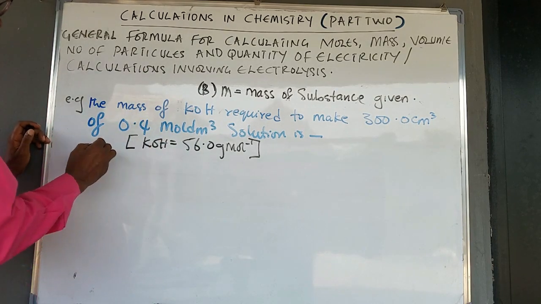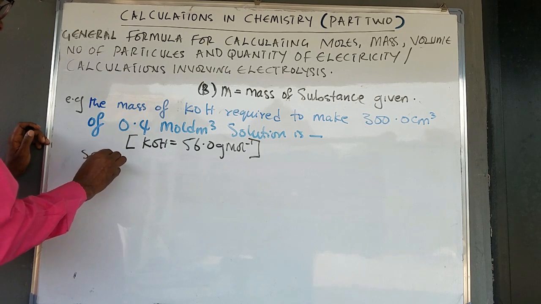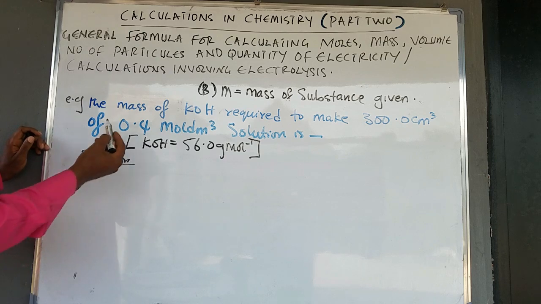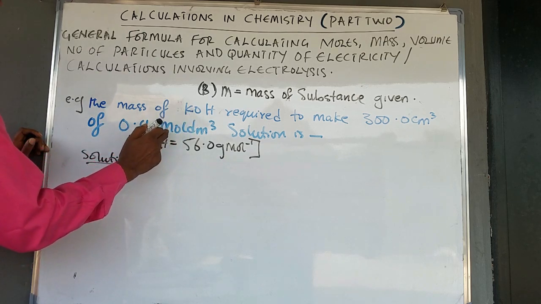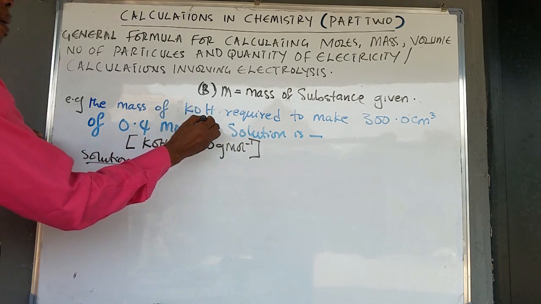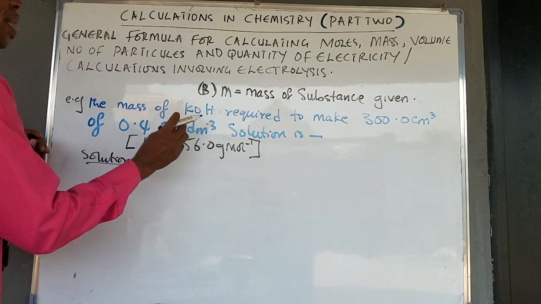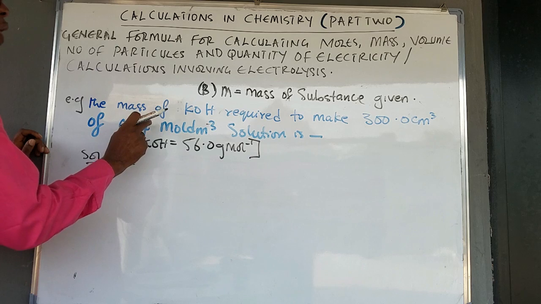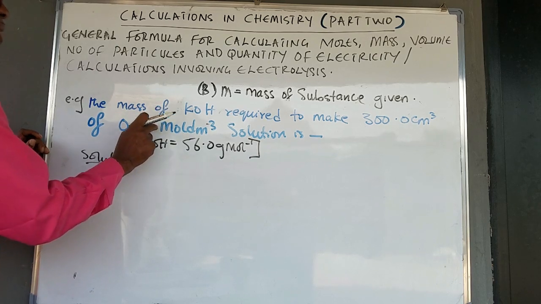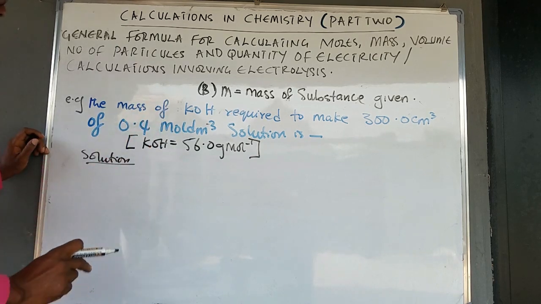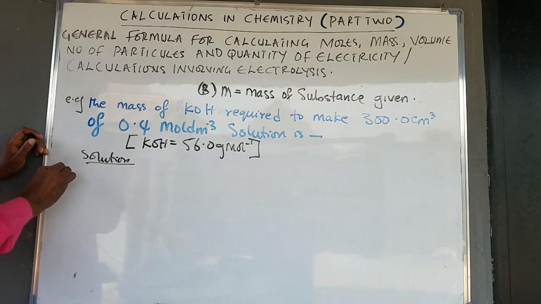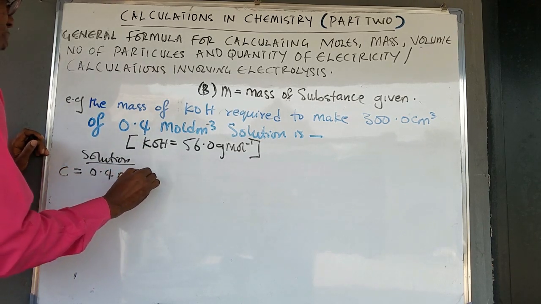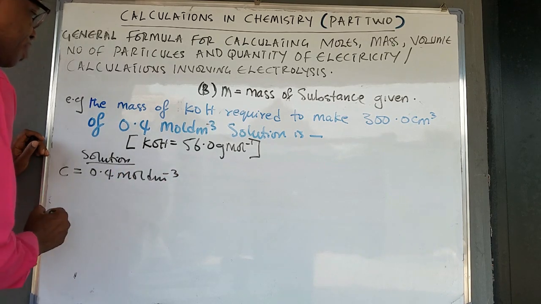Now, before you solve this, it's important you list out what is given to you so you don't make mistakes. First of all, I told you that whenever you see mole per dm³, it's telling you that this is the molar concentration and the symbol is C. Okay, so let's start. So we have C. C is 0.4 mole per dm³.